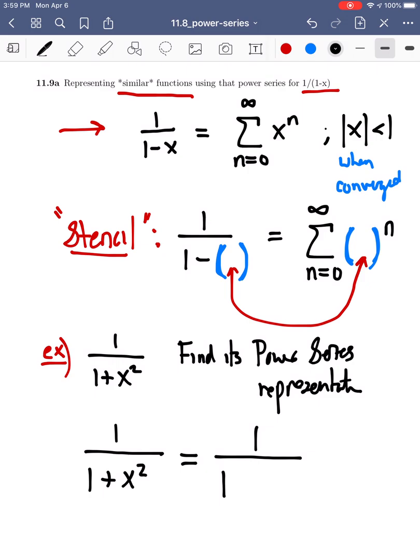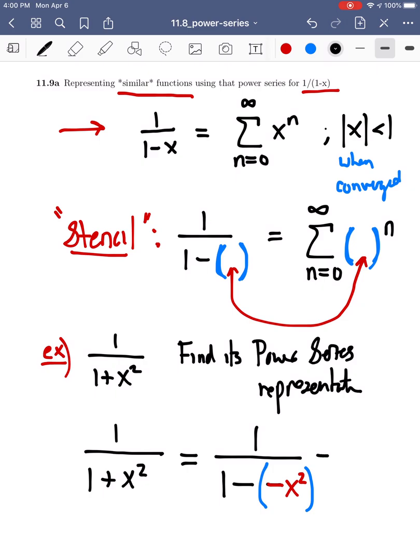Well, we know we need a 1 minus. So inside those blue parentheses, since we need a 1 minus something, we could extract a minus sign so that minus times a minus gives us that plus that's seen over here. And instead of an x, we have an x squared. So inside of those parentheses, we can just put that minus x squared.